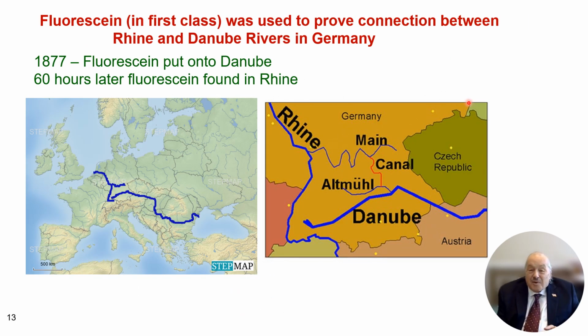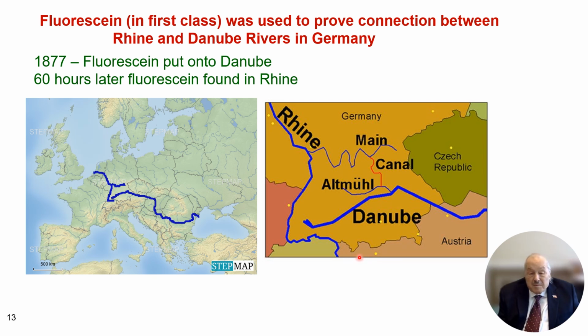Fluorescein was used very early as a probe. Actually in 1877, there was a question whether the two rivers in Germany, the Rhine and the Danube, were connected to one another. And the way that was determined is a scientist decided to put a bunch of fluorescein into the Danube, and actually he put like 10 kilograms in.